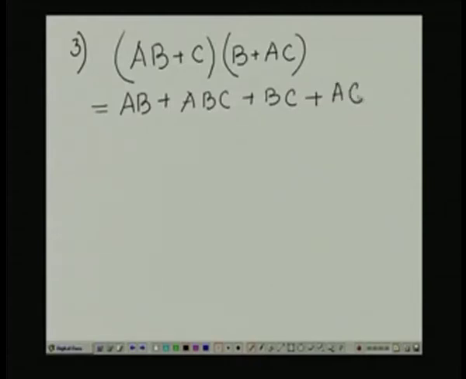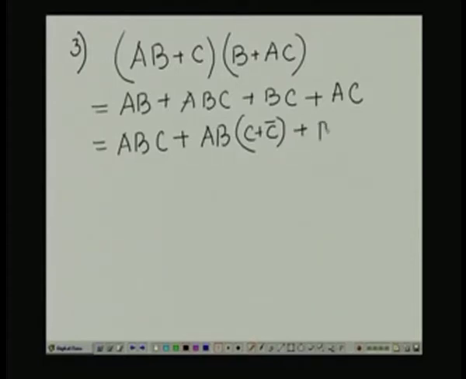Now, I will keep a b c as it is. Now, see, a b I can write as a b into c plus c bar, because c plus c bar is nothing but 1.